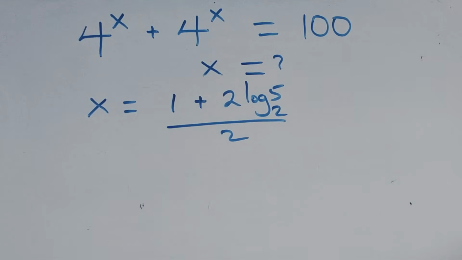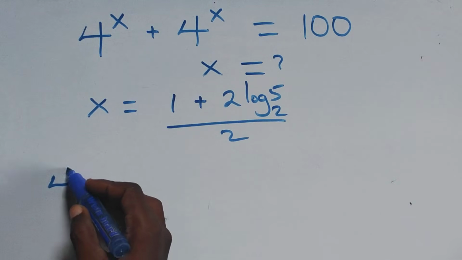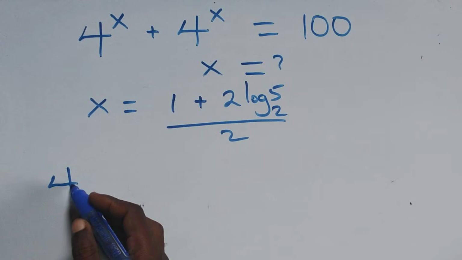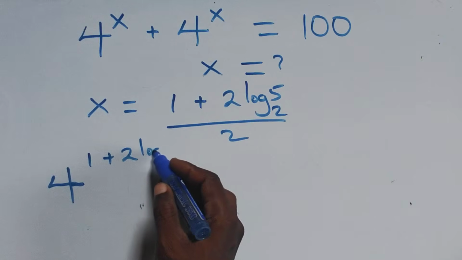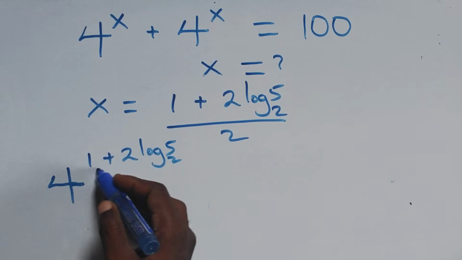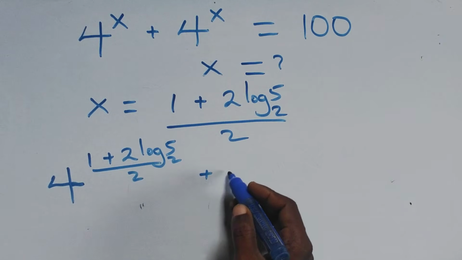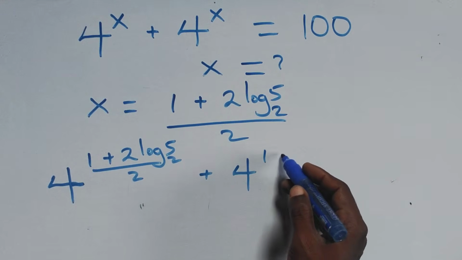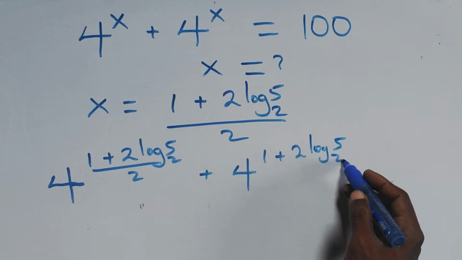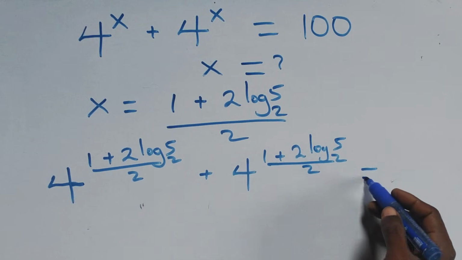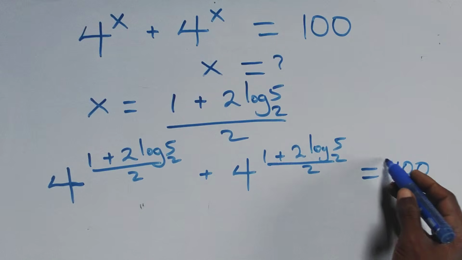This, what we have here becomes 4 raised to power 1 plus 2 log 5 base 2 all over 2, plus also 4 raised to power 1 plus 2 log 5 base 2 all over 2. This equals 100 on this side.